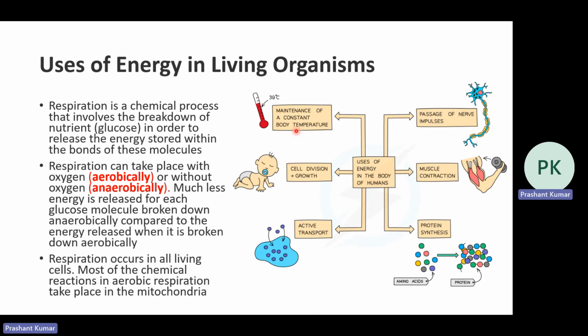If you compare the two types of respiration, aerobic and anaerobic, aerobic respiration gives more energy, whereas anaerobic respiration gives much less. I mean, it gives some, but it's very little compared to aerobic. And this respiration is a very fundamental process that takes place everywhere in the cell.